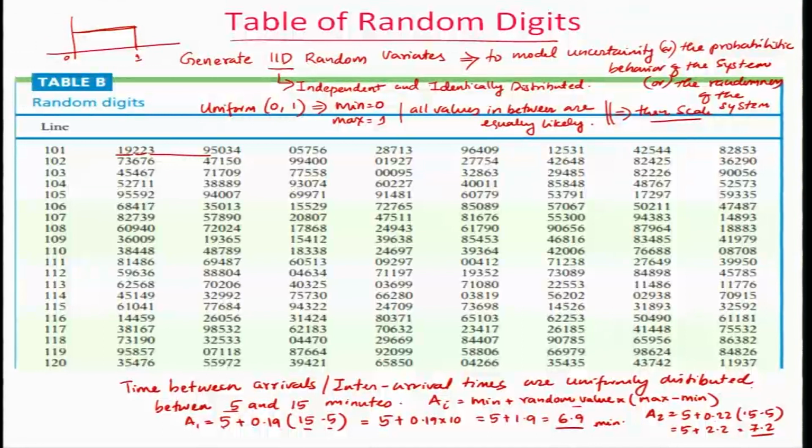We keep on doing this. This is a process in which your random digits can be used to generate your arrival times. The same is true for the service times. In the next model that I am going to demonstrate, we will be following this approach to calculate the arrival times, service times and other things.